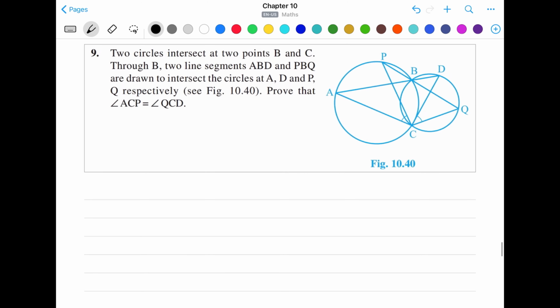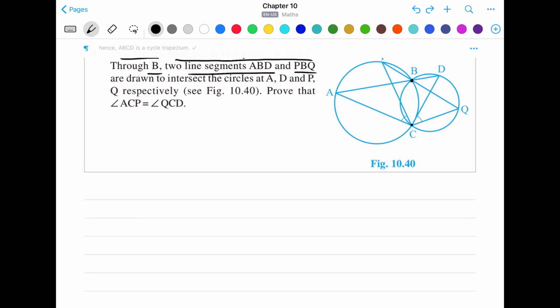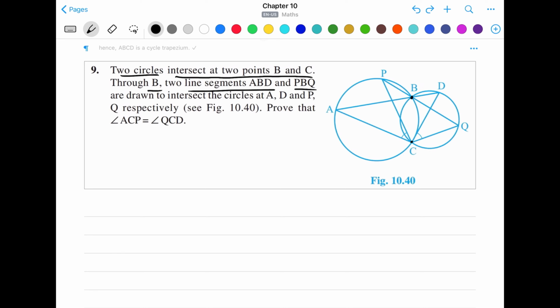Now moving to the next one, we have question number 9. This is a very simple question. We are given this figure. We have two circles intersecting at 2 points B and C. Through B, two line segments ABD and PBQ, this one.